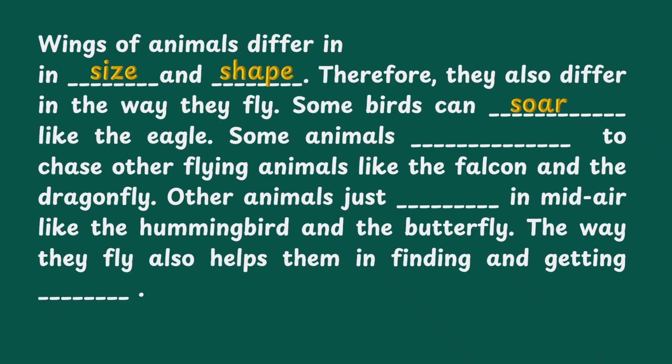Some birds can soar, like the eagle. Some animals fly very fast to chase other flying animals, like the falcon and the dragonfly. Other animals just hover in midair, like the hummingbird and the butterfly. The way they fly also helps them in finding and getting food. Good job, kids!